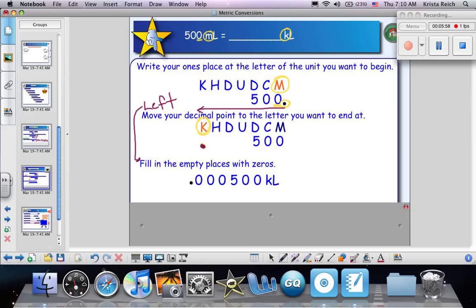So that's 1, 2, and 3. And then here's our final answer right down here. So in 500 milliliters, there are that many kiloliters. And you can write the zeros at the end. It won't change your answer.